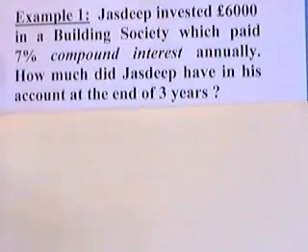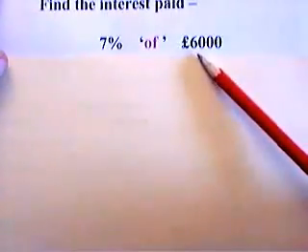Well, we do it in steps, yearly steps. Okay, so the first step is we look at what he has at the end of the first year. So we have to find the interest paid at the end of the first year. So what we are calculating is 7% of 6,000.